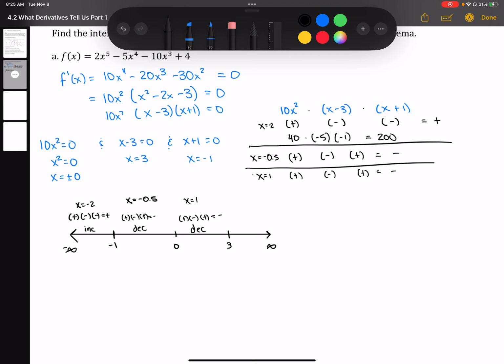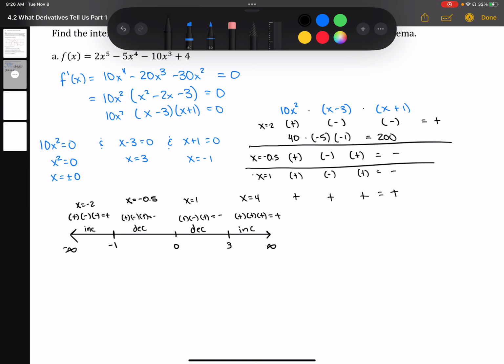And last, on the interval 3 to infinity, if we choose x equals 4, then we'll get a positive times a positive times a positive, which equals a positive value, which is increasing.